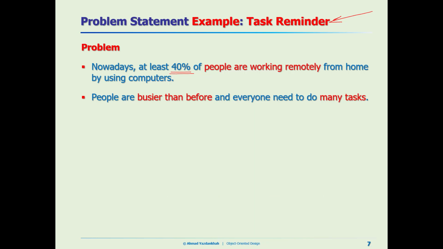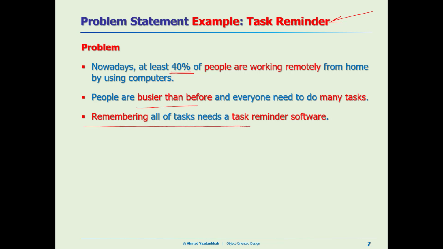People are busier than before, and everyone needs to do many tasks. So you see how I am trying to state the negative things that this current situation has. So yeah, people are busier than before, and everyone needs to do many tasks.